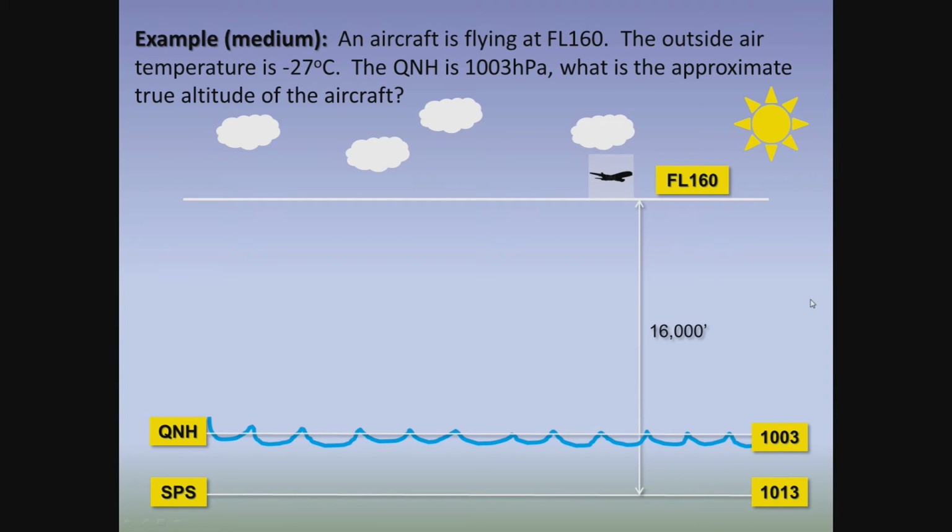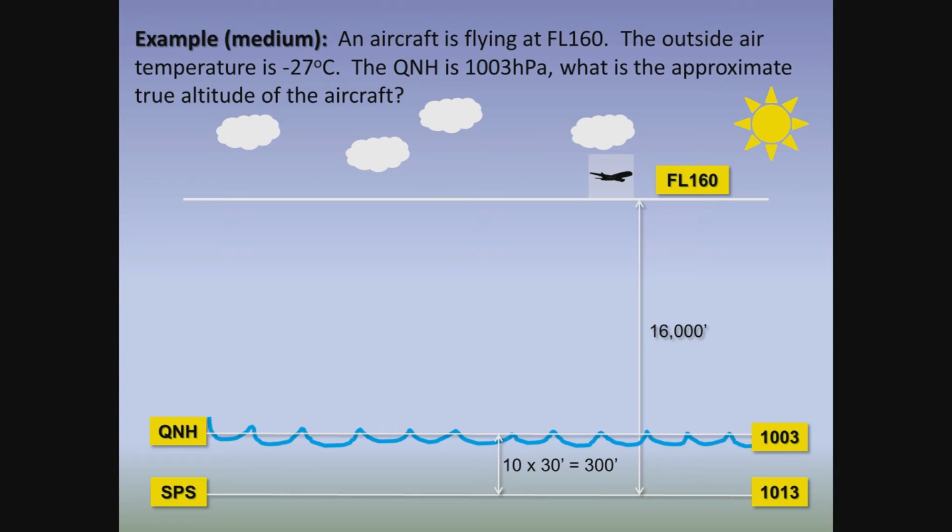So I can draw my 16,000 feet line in there relative to 1013, and I can also draw in the height of the difference between 1013 and 1003, which is 10 hectopascals, assuming 30 feet per hectopascal. Okay, I know for some subjects like meteorology it's 27 feet, but GenNav particularly is 30 feet.